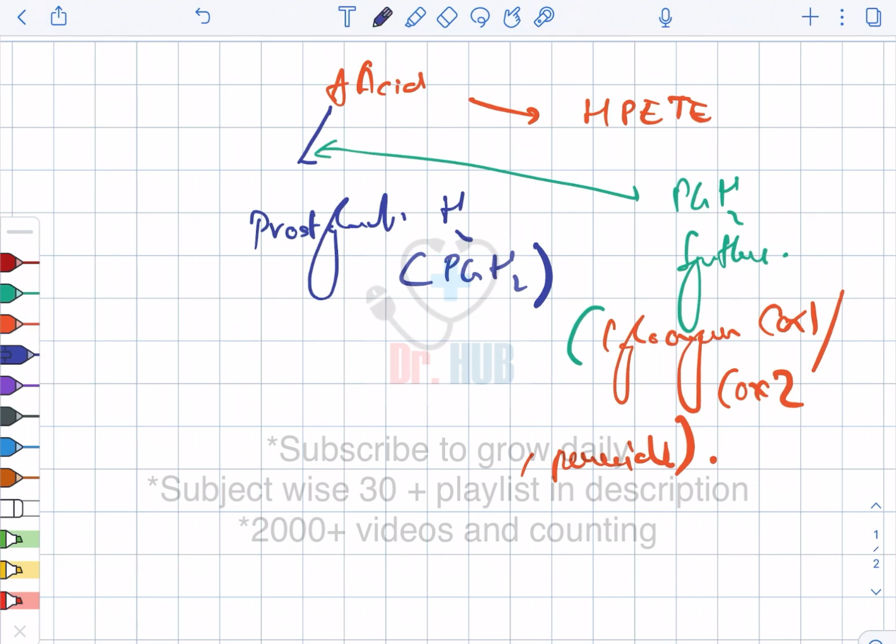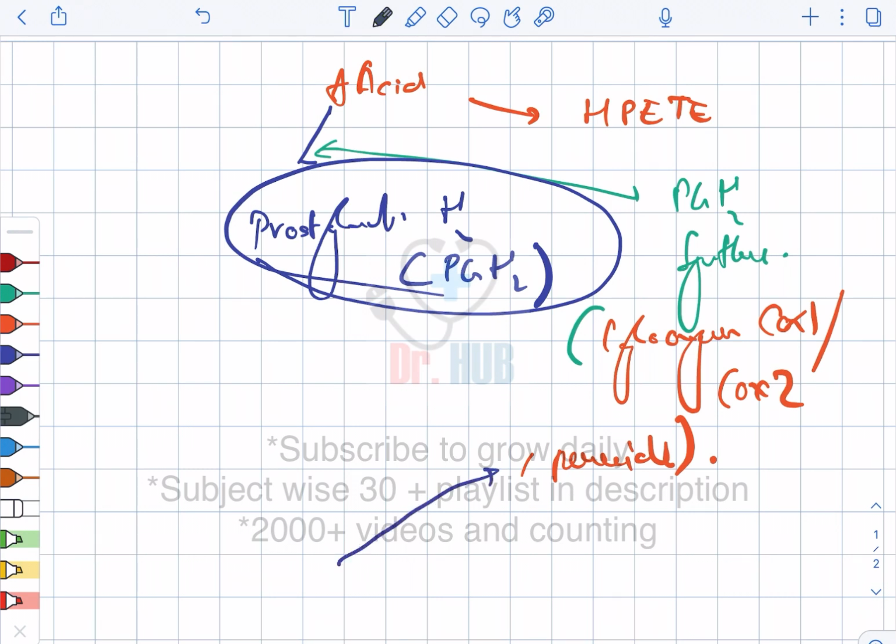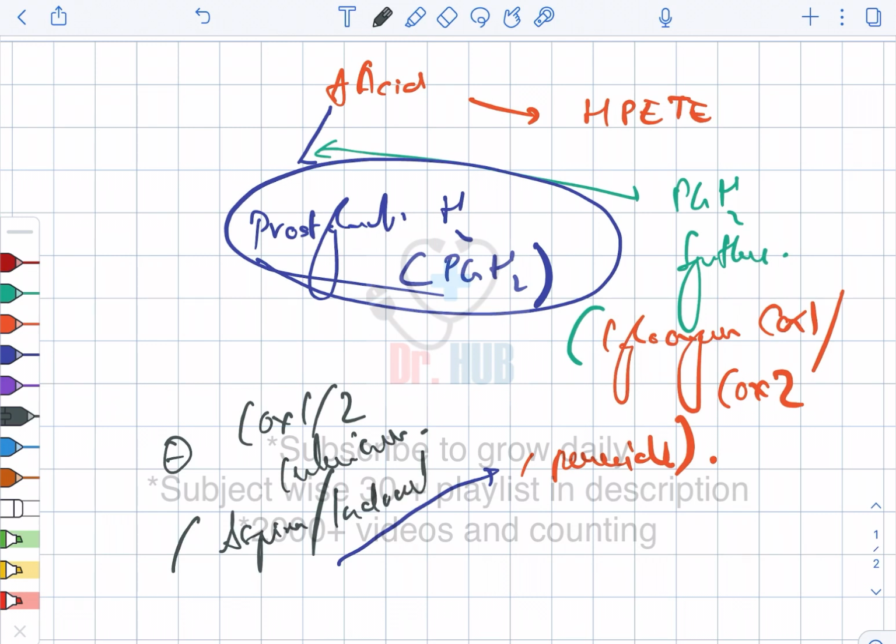Along with all of this, it forms the prostaglandin H2. The inhibition of this step is by the COX-1 and 2 inhibitors respectively, as well as aspirin and the indomethacin.